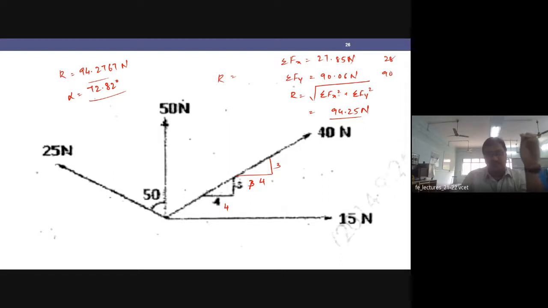It is just a simple two-line problem, so mistakes are not expected from such a question. There is not much of positive and negative, just the 25 newton that has a negative x component. All the other values are positive, so nothing much of an error is to be expected.